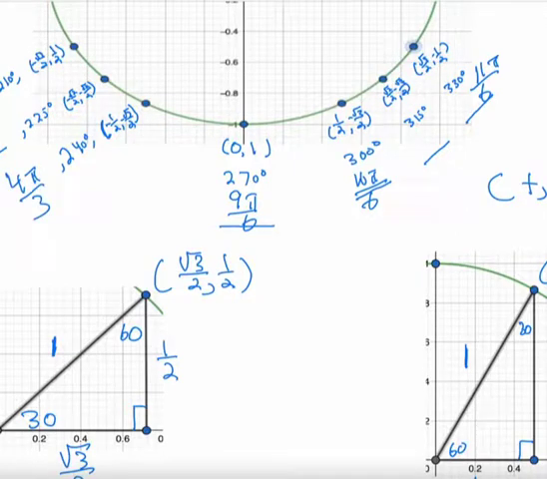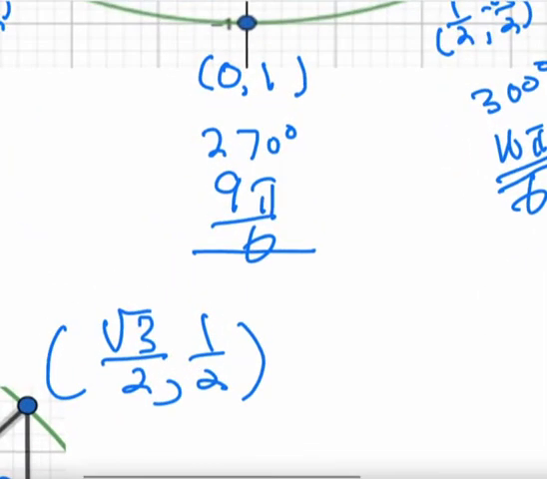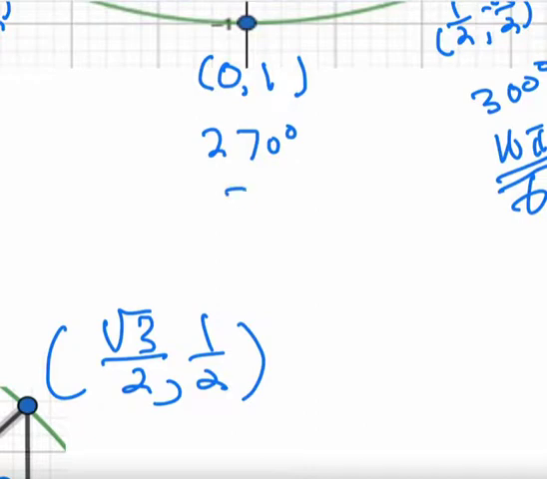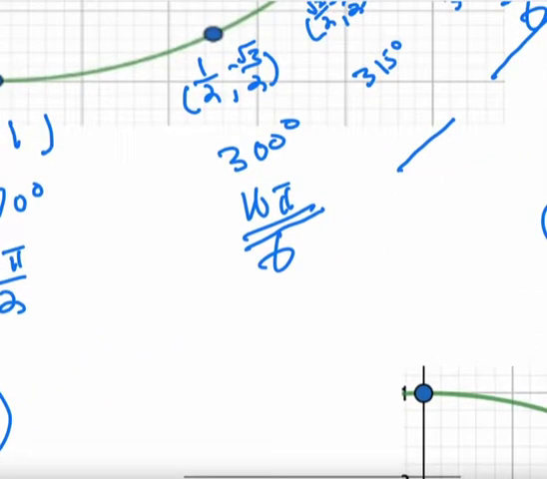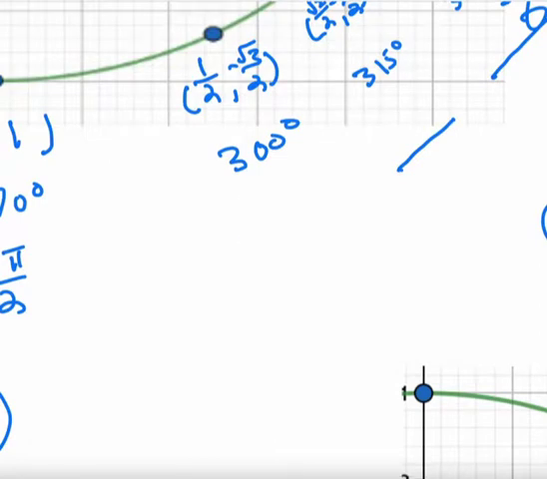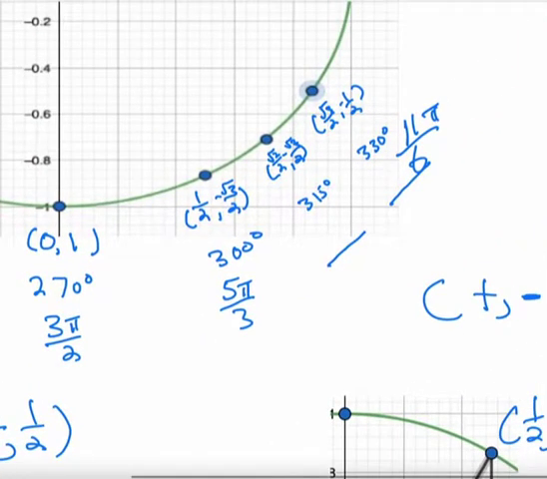Okay, 9 pi over 6, not simplified. That becomes 3 pi over 2. 10 pi over 6 is not simplified, so that's going to become 5 pi over 3. And then 11 pi over 6 is simplified.